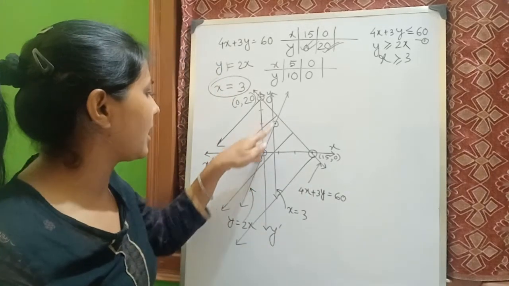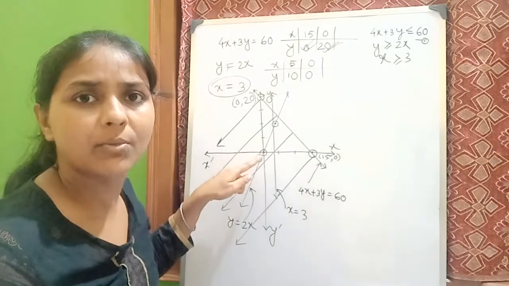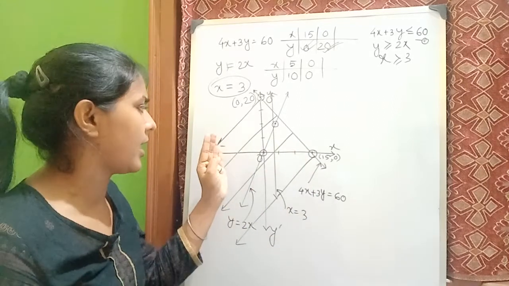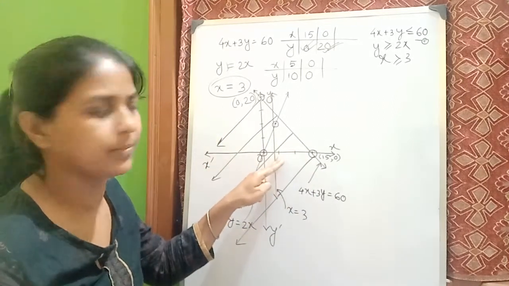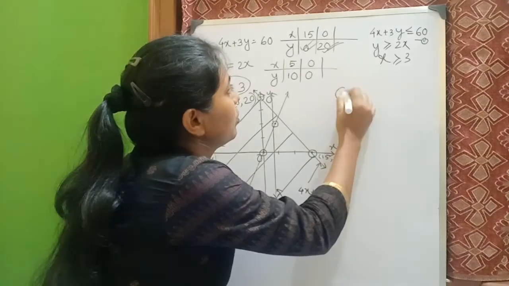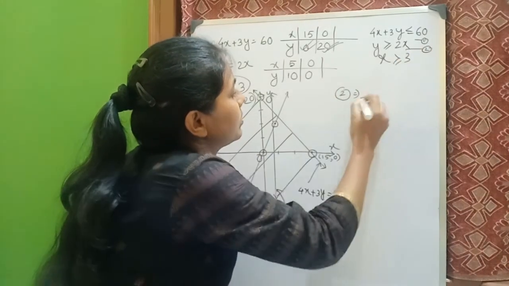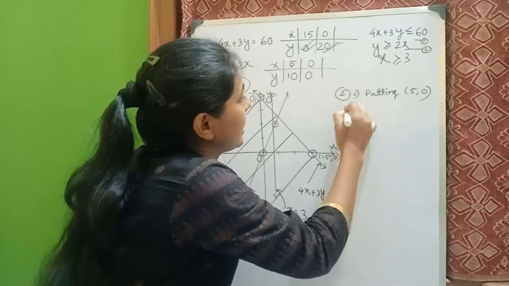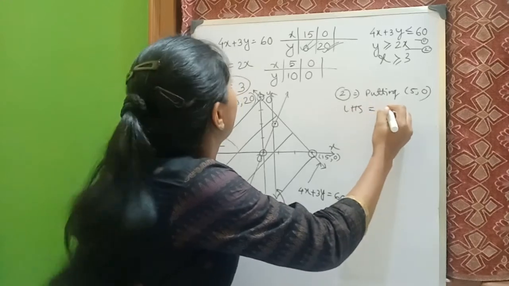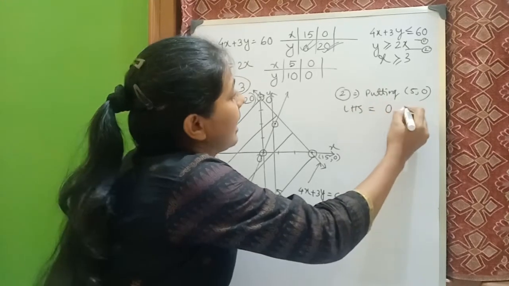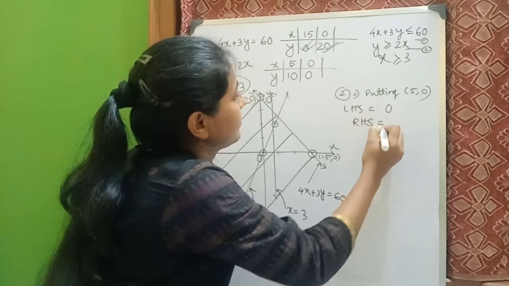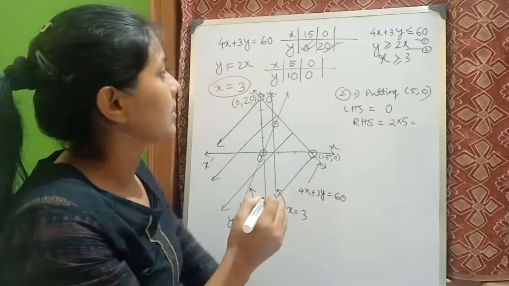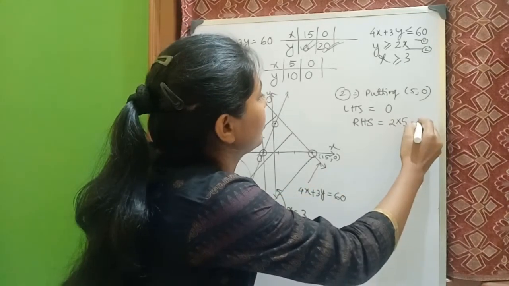Now for the second one we can't take the origin because the second line is going through the origin. So we will take either this side point or this side point. I'm choosing this one, 5, 0. So number 2, putting 5, 0, we get left hand side equals 0 and right hand side equals 2 into 5, that is equal to 10.